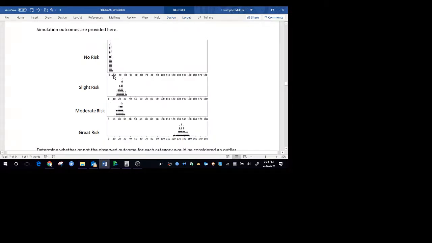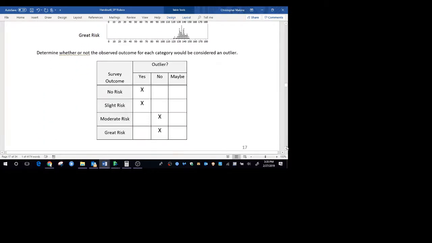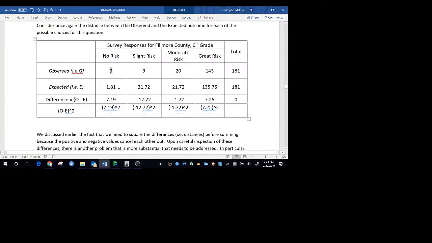How far off is 9? 9 minus its expected, which is 1.81, is about 7 off. In this reference distribution, being 7 off is actually quite a bit.